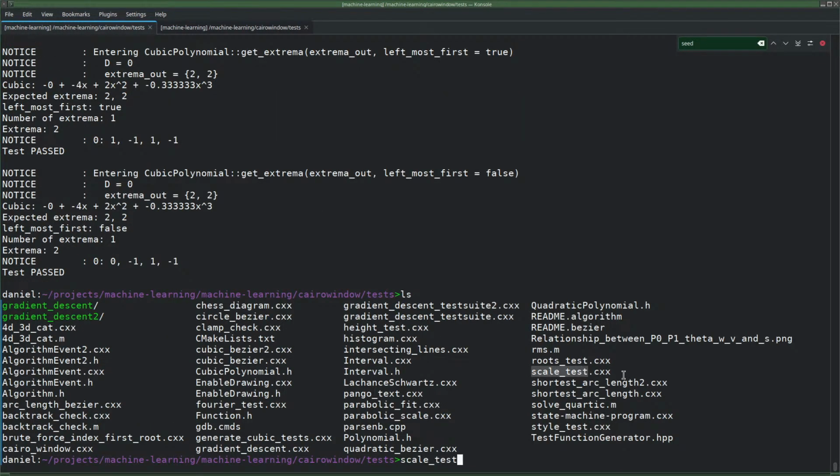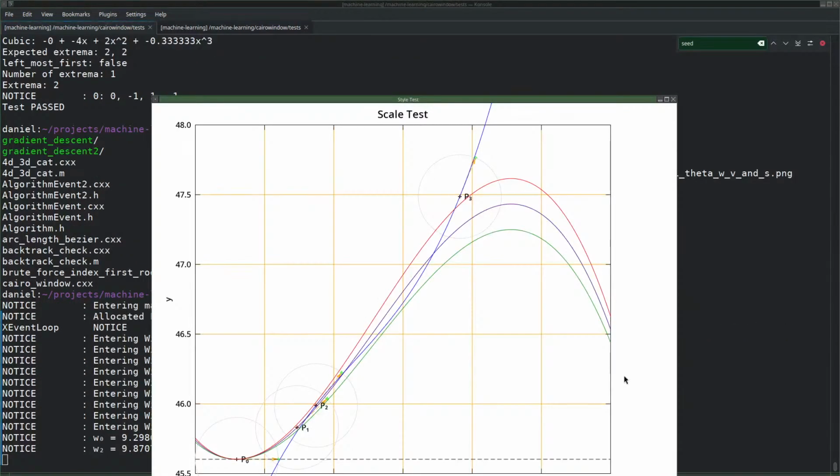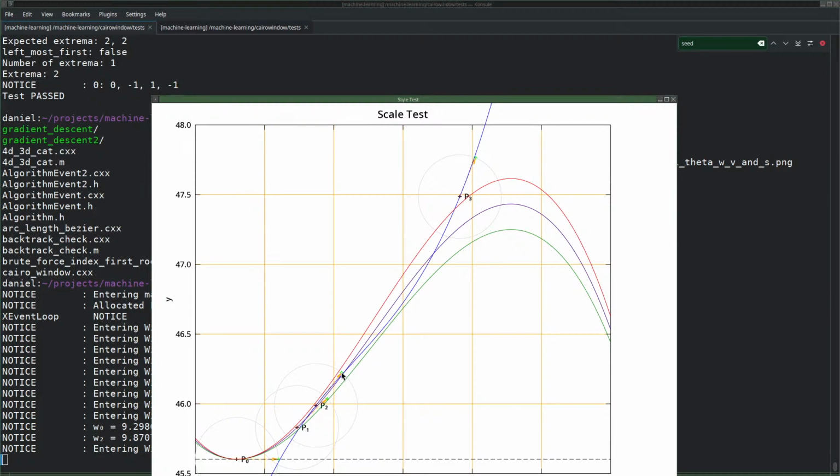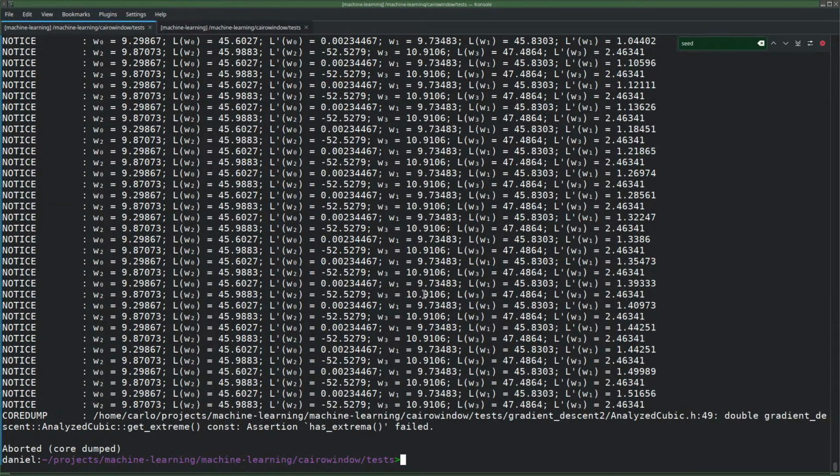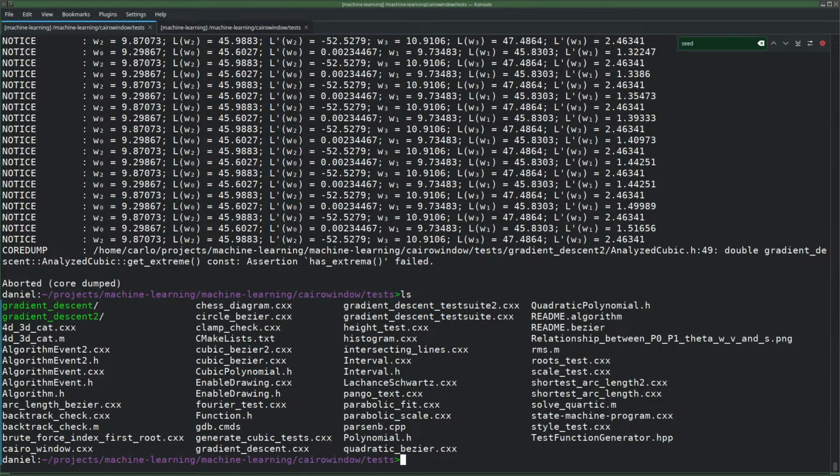Skill test. And it has a few circles, but yeah, let's not touch it. Let's go for the parabolic fit, right?